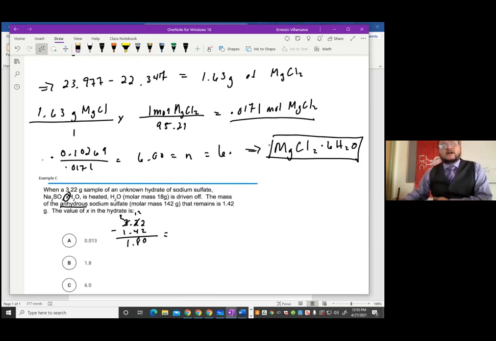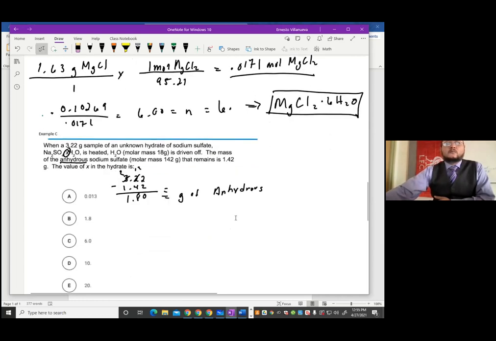Scroll down a little bit. So we ended up with 1.80 grams of anhydrous. Anhydrous again means no water. The molar mass of the anhydrous is 142 grams, and what remains is 1.42 grams. The value of X in the hydrate. Okay, so questions so far?